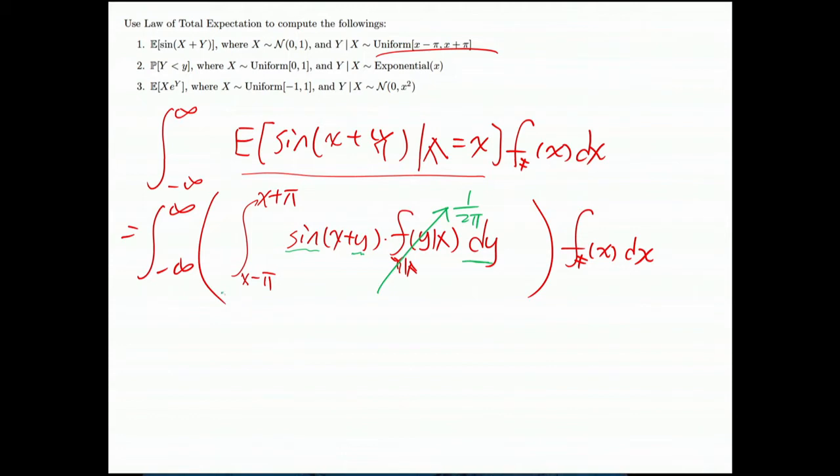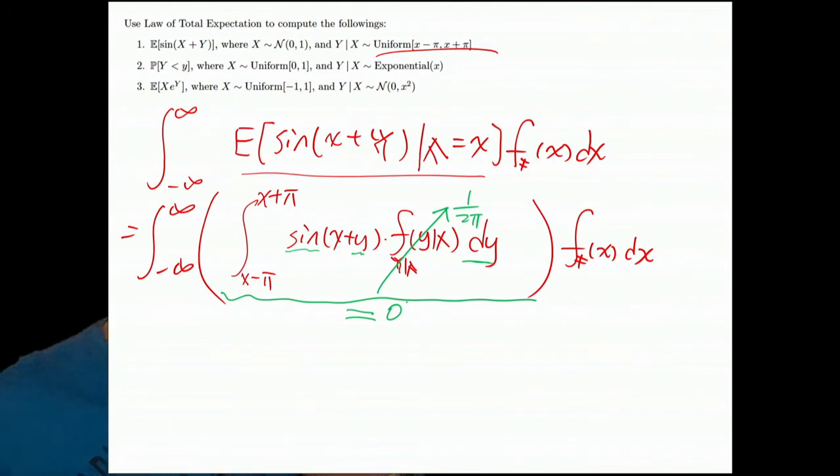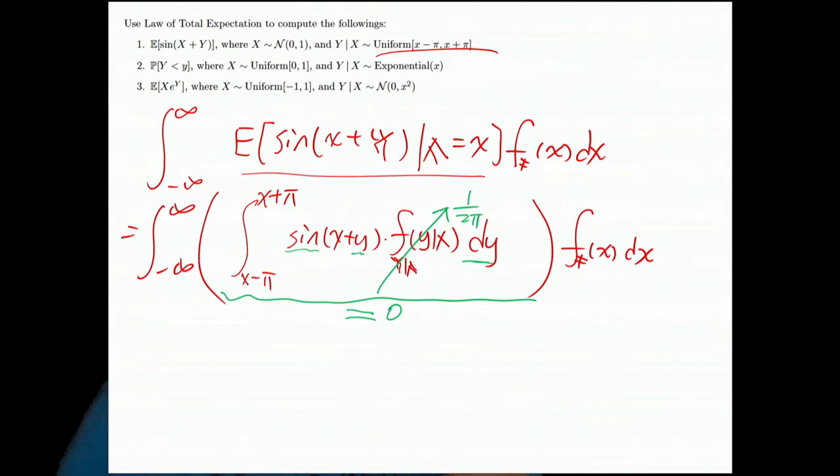So actually, those go to 0. And then finally, this is just 0.